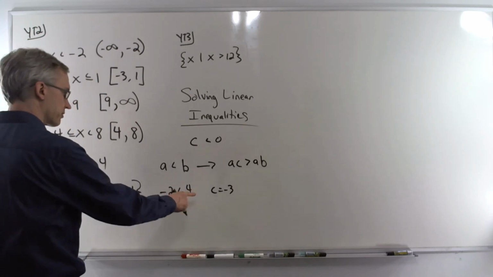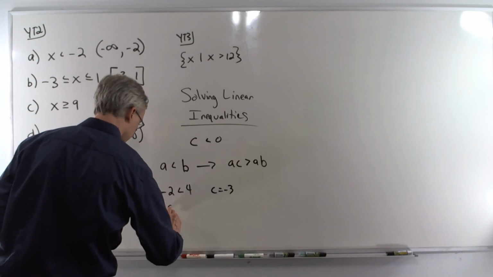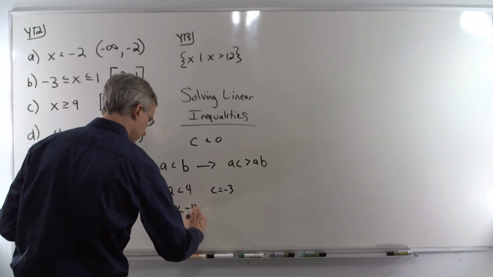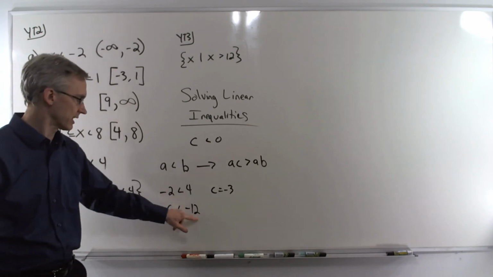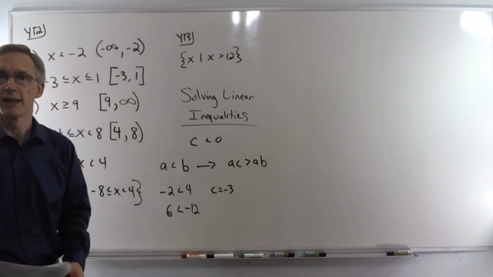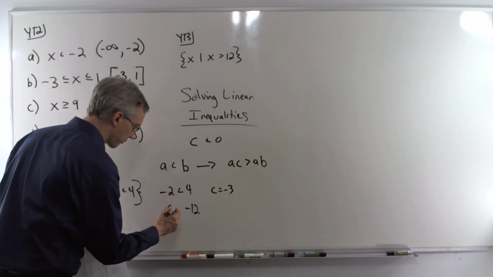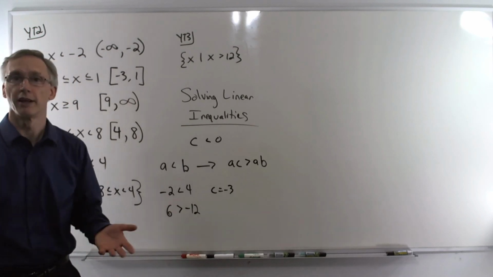Now I'm going to multiply both sides of this by -3. -2 times -3 is +6. 4 times -3 is -12. Now if we don't reverse the inequality, we get this statement, 6 is less than -12. Clearly that is not true. So since we multiplied by a negative number, we have to switch the direction of the inequality, and now it becomes true: 6 is greater than -12.